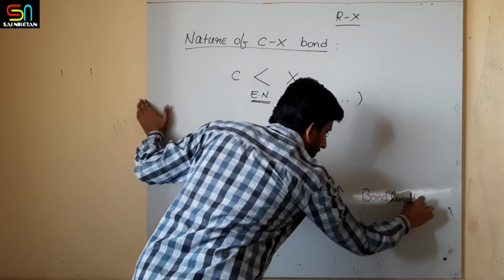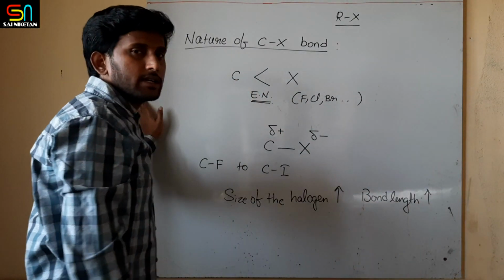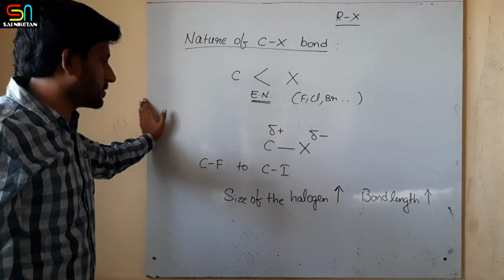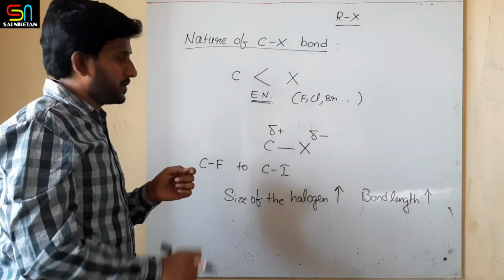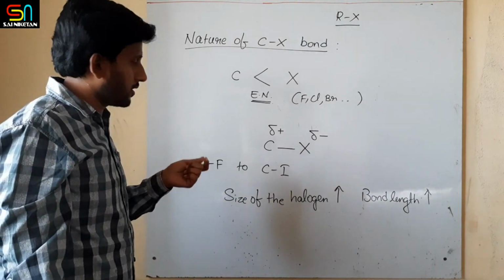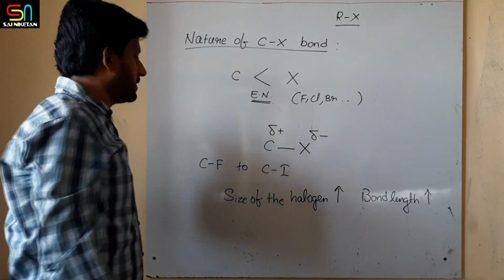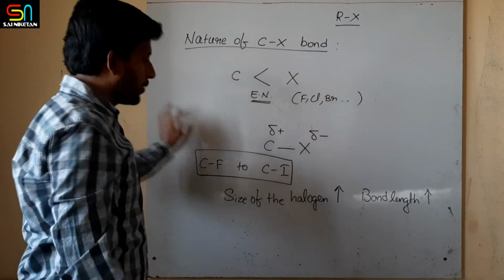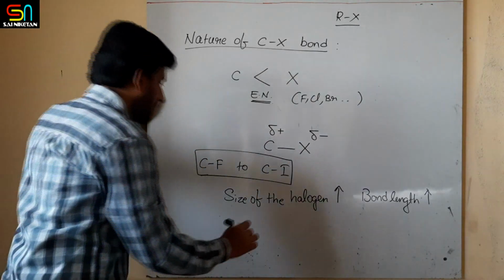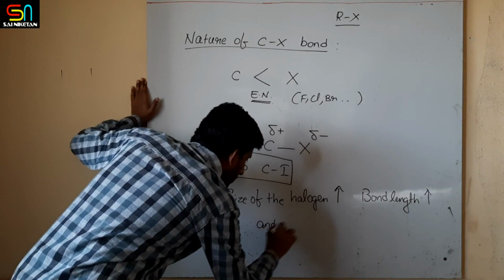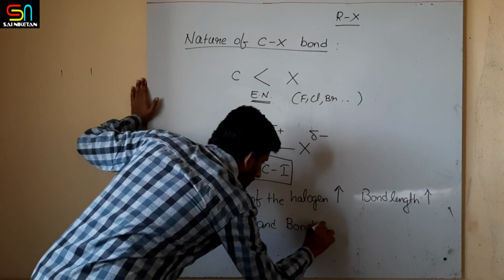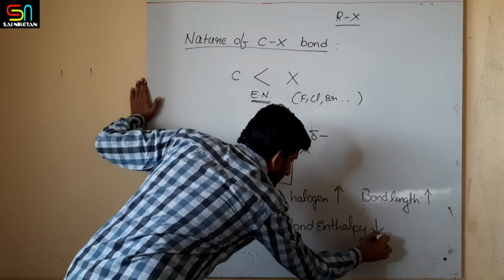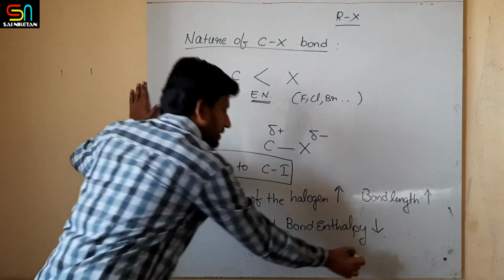And as you know, bond length and bond enthalpy are almost inverse. Longer the bond, easier it is to break. Shorter the bond, tougher it is, or it requires more energy to break. That means from C-F to C-I, bond length increases and bond enthalpies decrease.